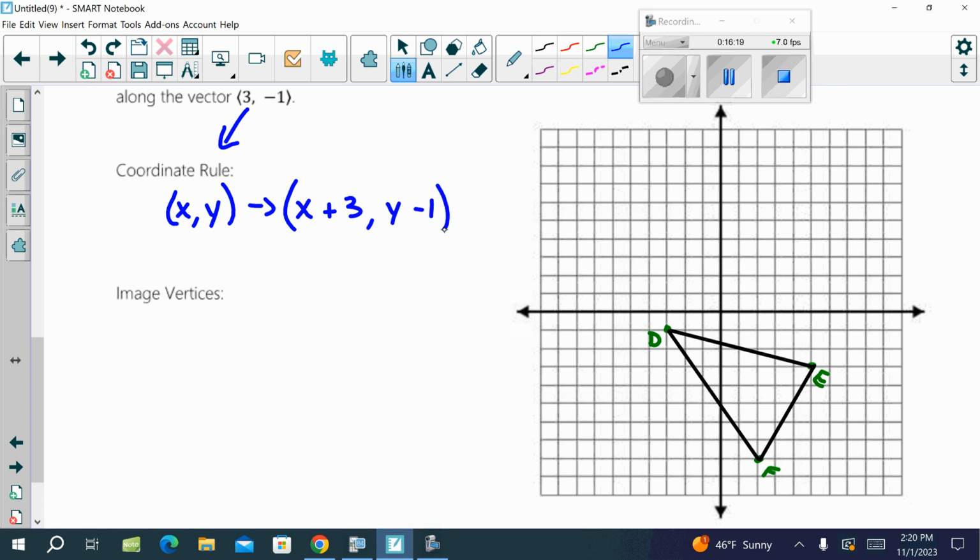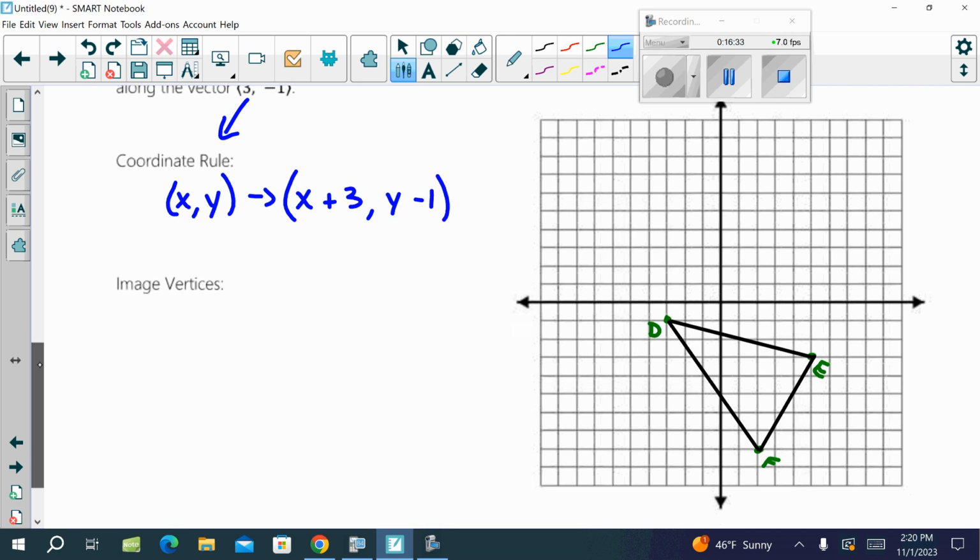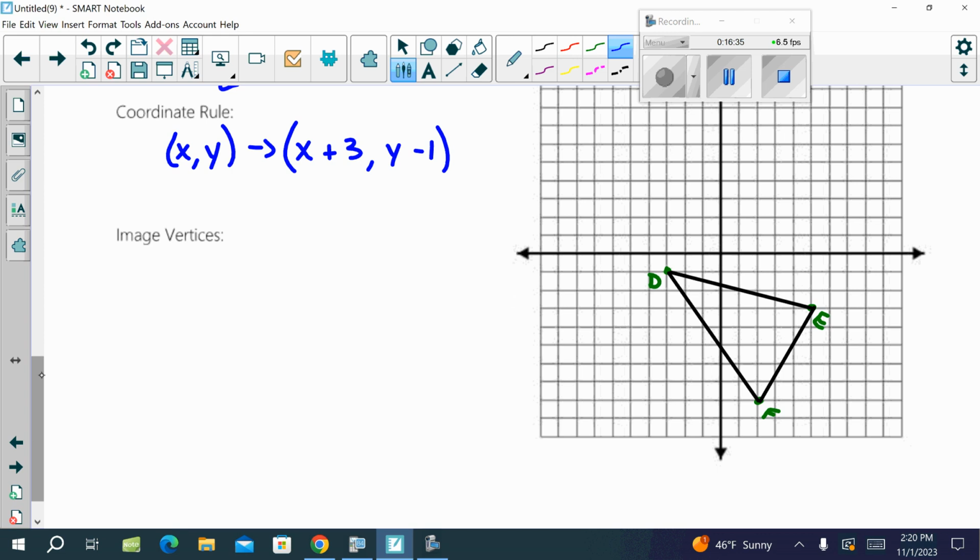So what that's telling you to do is take each of your x's and go right 3, and each of your y's and go down 1. So we're translating everything right 3, down 1. All right, so that's what you're going to do next. So go ahead and do that on the graph. Move all these right 3, down 1.